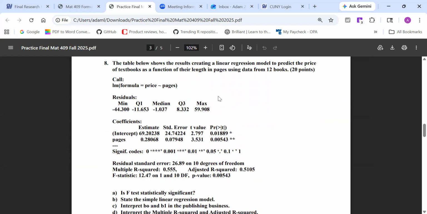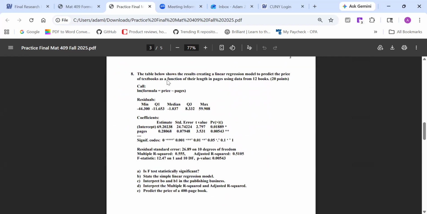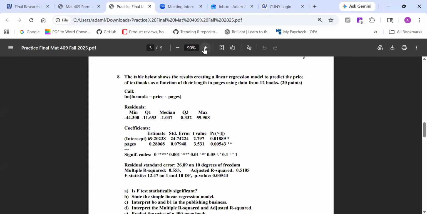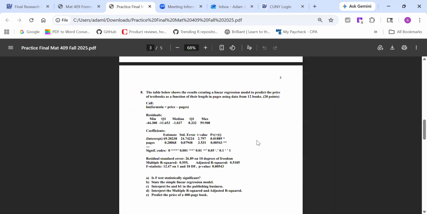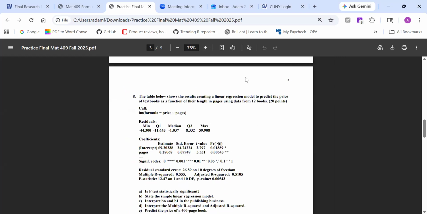We have a table below where we're using the linear regression model to predict the price of a textbook.